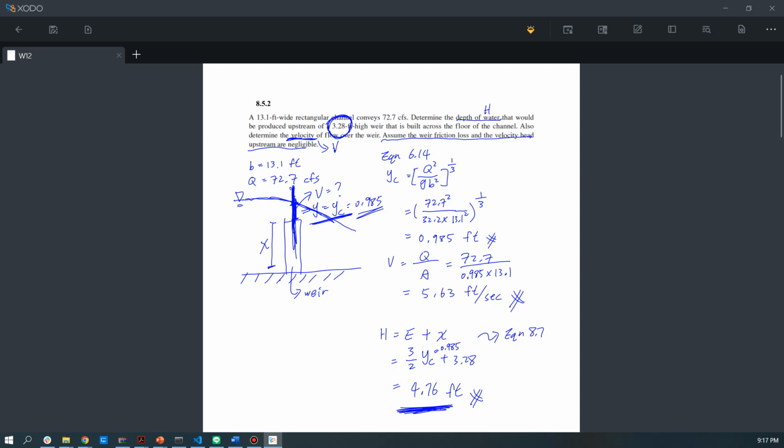So we can use this cross section, which is at the normal depth section, to calculate the depth of the water H. If we have head loss, then you need to further add the head loss to calculate the H, which we will see in the next problem.